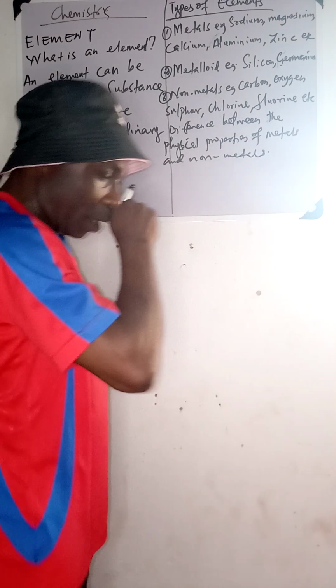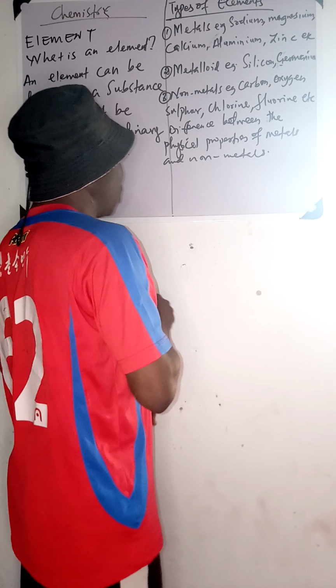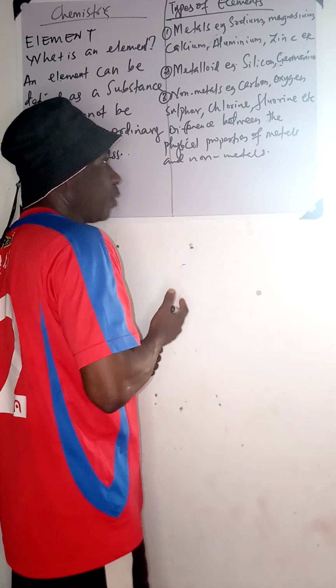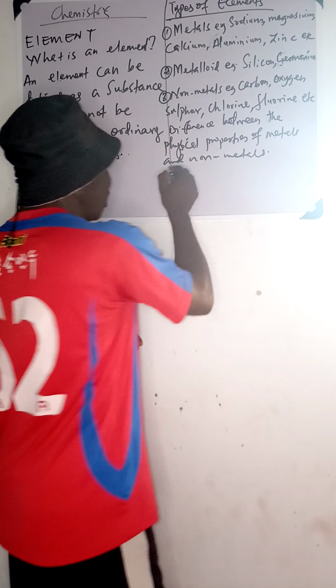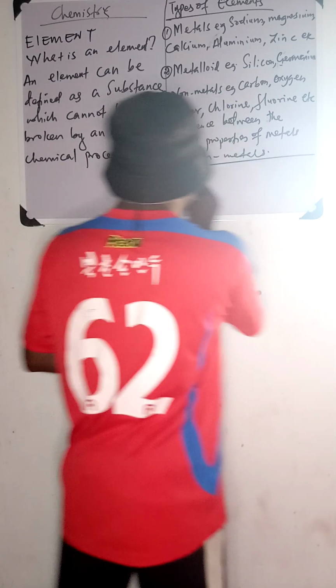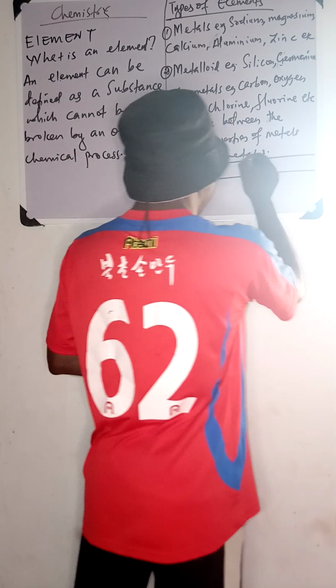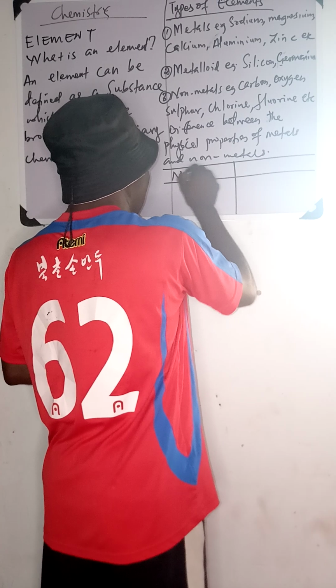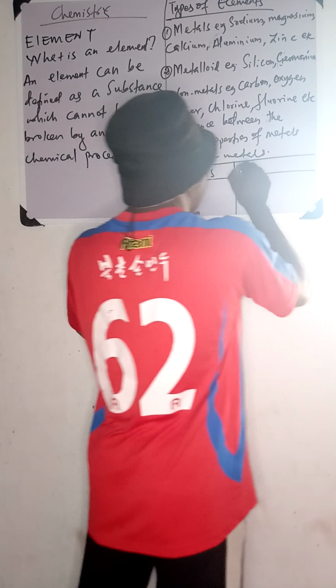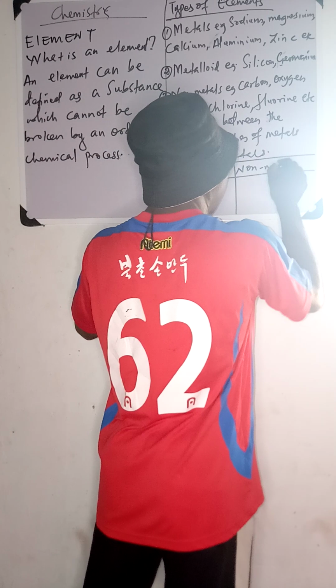This is a popular WAEC question. State 5 differences between the physical properties of metals and non-metals. If you see such a question, just draw a table as fast as possible, divide it into two. Here you write metals, and here you write non-metals.